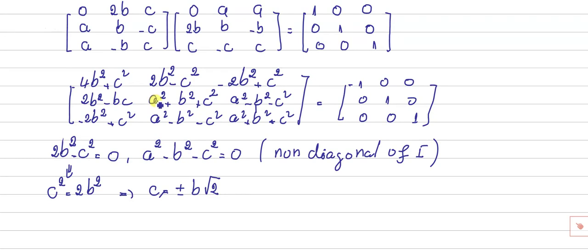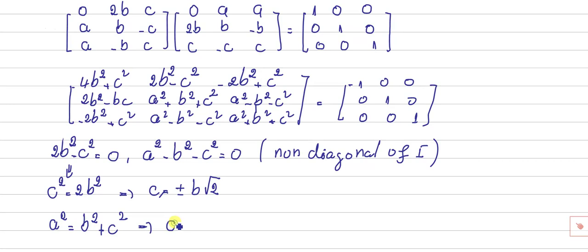And we have A equal to, we take from this one, A squared equal to B squared plus C squared.